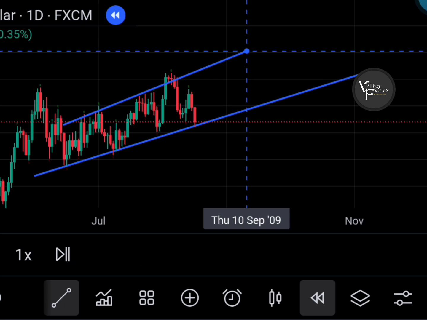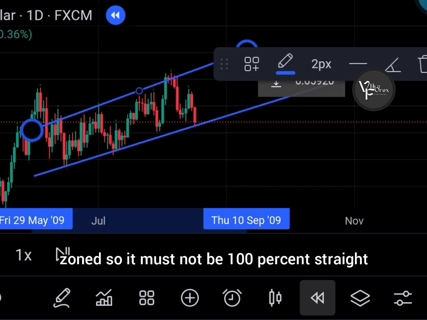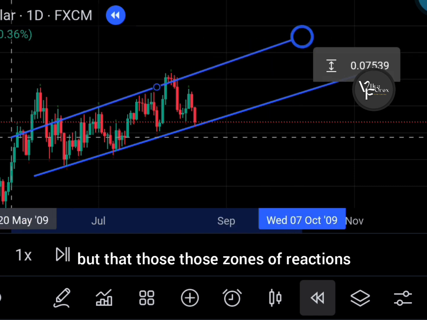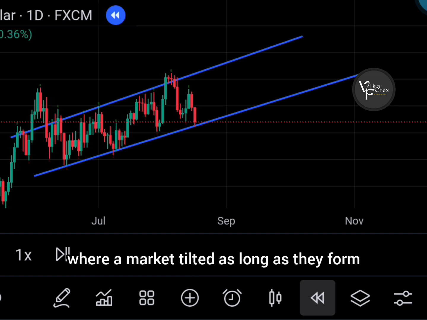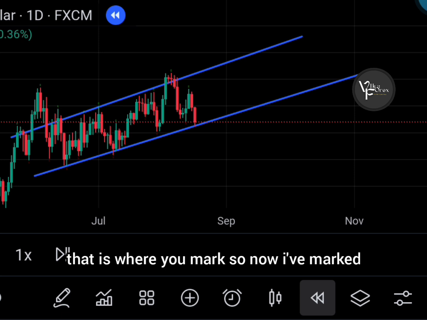Remember, support and resistance are not straight lines, they are zones, so it must not be 100% straight, but those zones of reaction are what you are marking. Those zones of reversal, where the market turned, as long as they form a channel-like pattern, that is the area you mark. So now I've marked it, and this becomes a full channel.